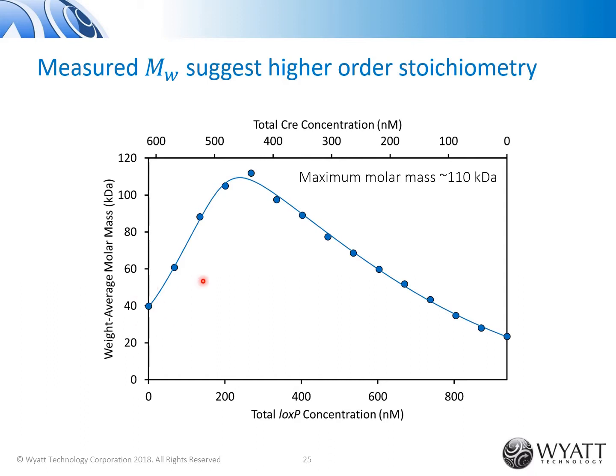As we move from left to right, we're decreasing the concentration of the protein and simultaneously increasing the concentration of the DNA. This molar mass on the right-hand axis of 23 kilodaltons represents the molar mass of the pure DNA. This maximum of around 110 kilodaltons immediately tells us that our stoichiometry is greater than 1-to-1, right? 40 and 23 are much less than 110.